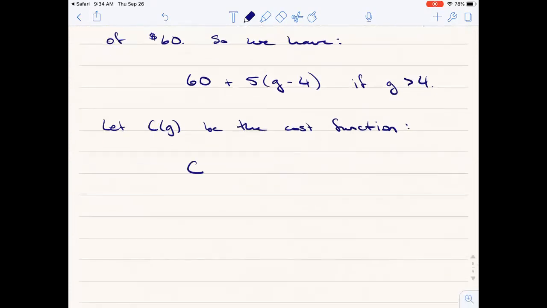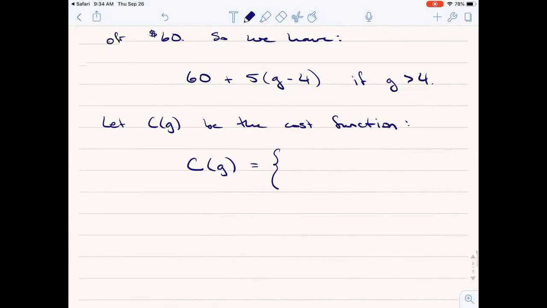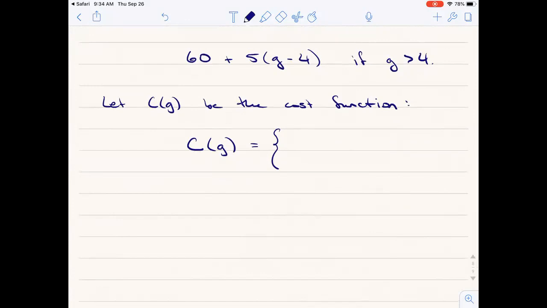Then how we would write this is C of G is the piecewise function, and we use a single curly bracket that wraps around all our functions. I know I'm going to have two functions, a constant function and then a linear function. I'll start with the first one.